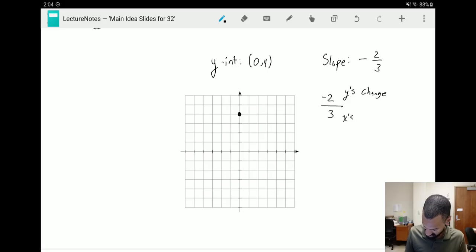The bottom is x's change. So in other words, negative 2 means my new y value is going to be down 2. So from, this is important, from the y-intercept, not from the origin, we're going to go down 1, 2, and then the x change is a positive 3, so we're going to go right 1, 2, 3. There's our new point.